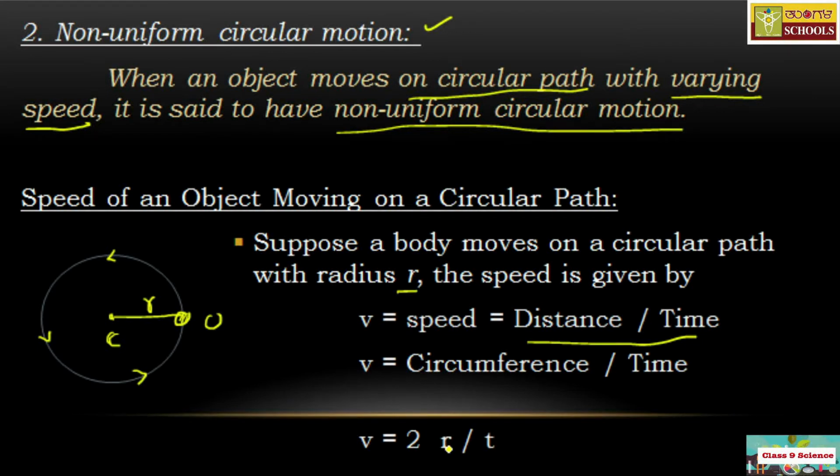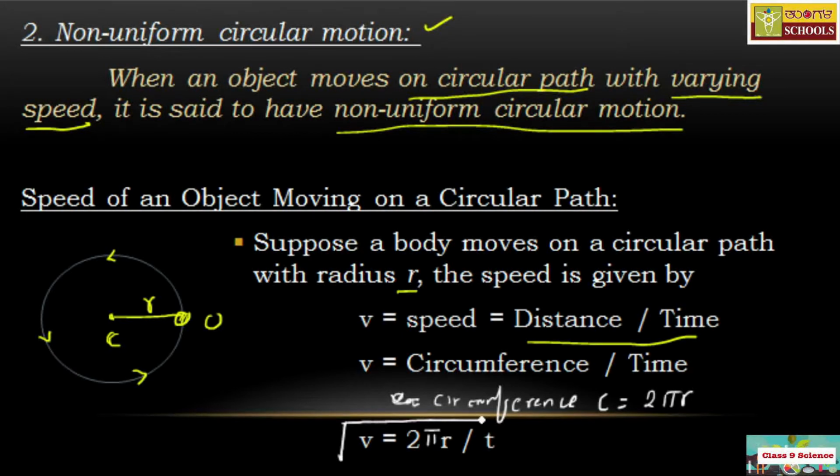So circumference is given by the equation 2 pi r, and you can write it once again if you want. V is equal to, circumference c is equal to 2 pi r. For a circular track we already know this, and hence substitute 2 pi r here and time as t.